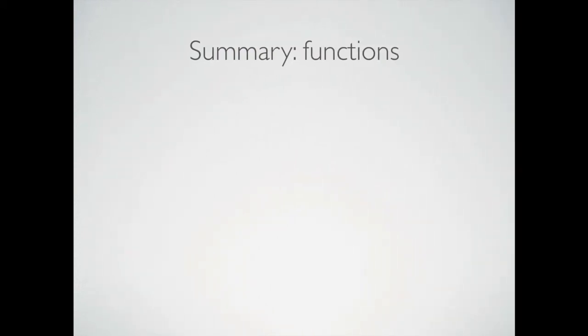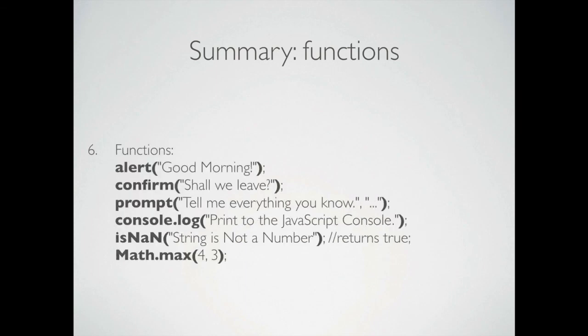Okay, another concept we've learned in this chapter is function. That's like a huge thing. You are going to use it again and again. So we've learned 6 functions in this chapter. They are provided by JavaScript. We know alert, we learned confirm, prompt, console log, and isNaN, to check if a value is a number or not.